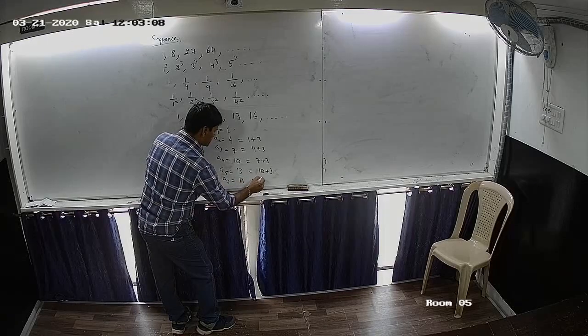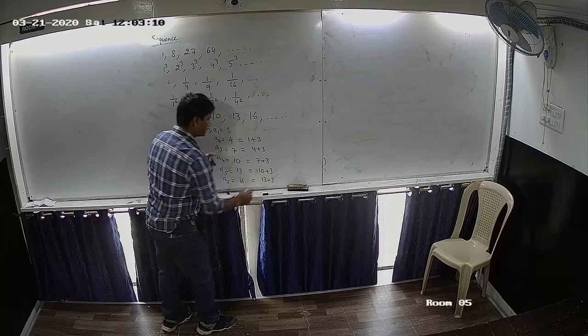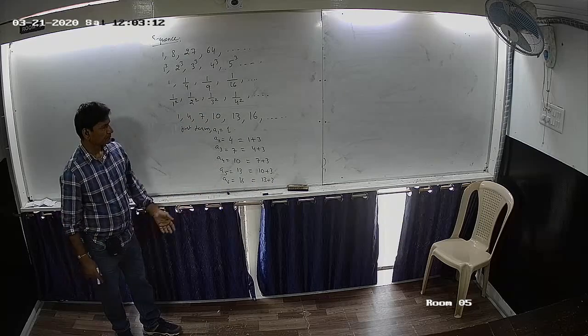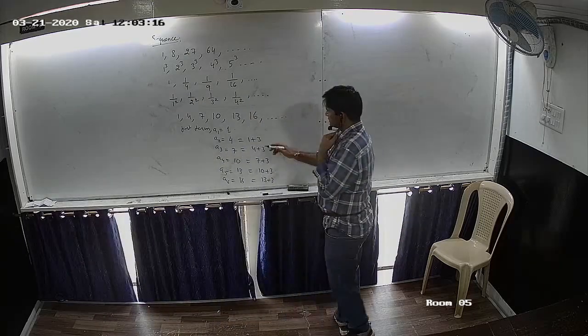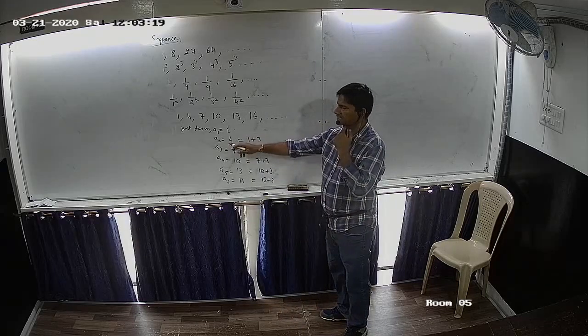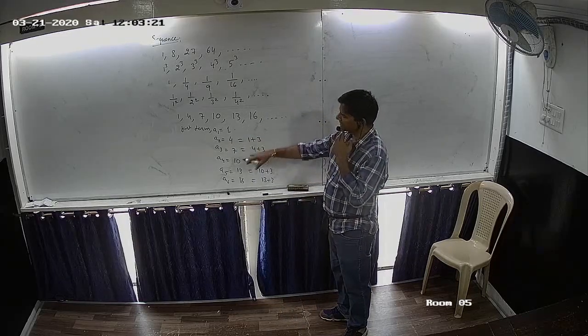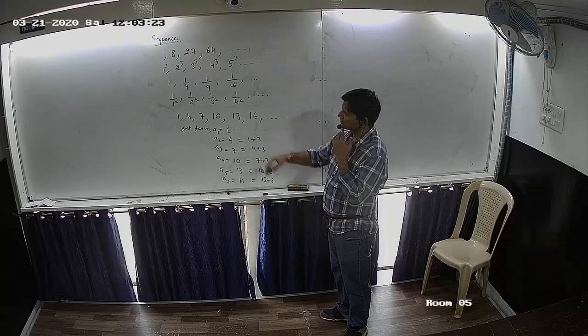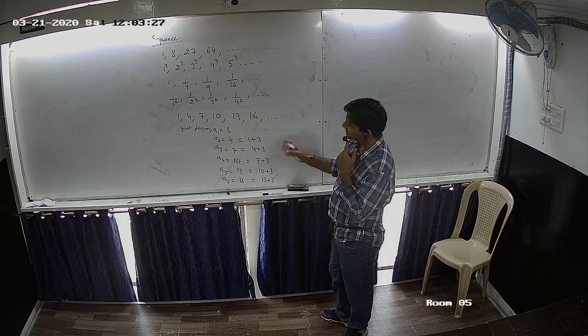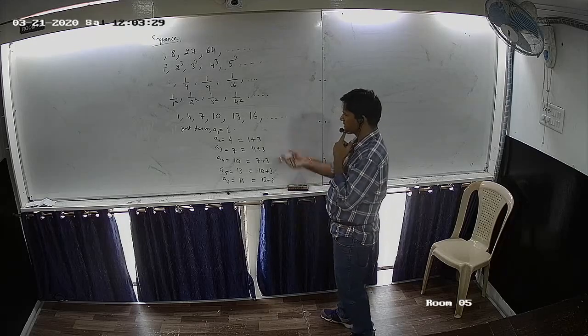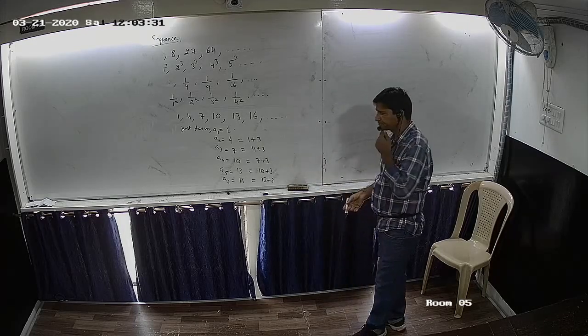And A6 is equal to 13 plus 3, equal to 16. So here we are adding 3 to get the next term. Again, to get another term, we are adding 3 to the previous term. So every time we are adding 3 to get the next or successive term.